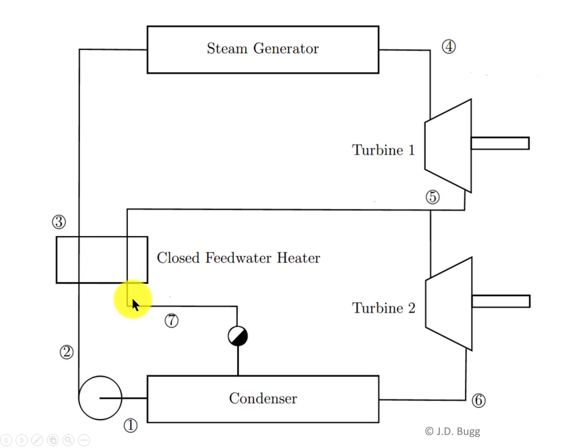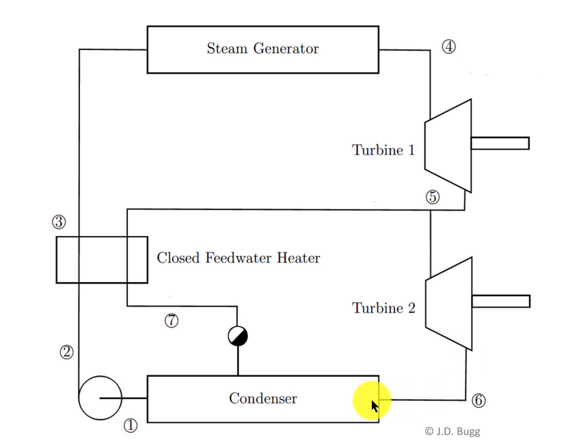After it comes out, it passes through a steam trap, which is essentially a throttling valve, and into the condenser. The portion of the steam that is not extracted continues on through the second stage turbine and then eventually into the condenser.